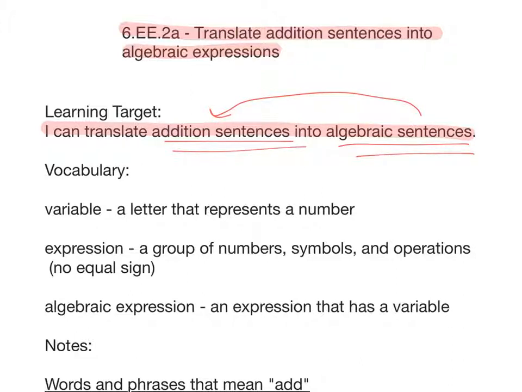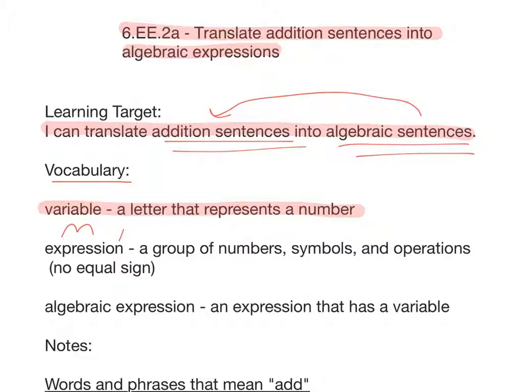And to do that, you're going to need to understand some vocabulary. You're going to need to know that a variable is a letter that represents a number. So if we're talking about the number of minutes it takes somebody to do something, we might use M. Anytime in a word problem that says 3 more than a number, it could be represented with a variable.